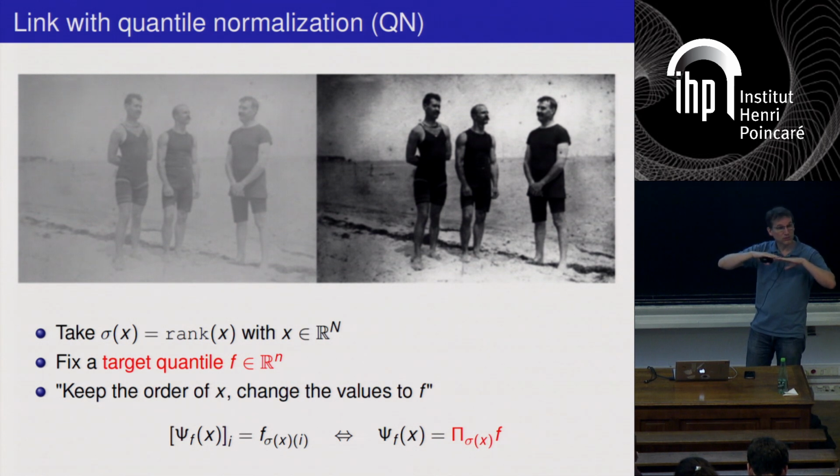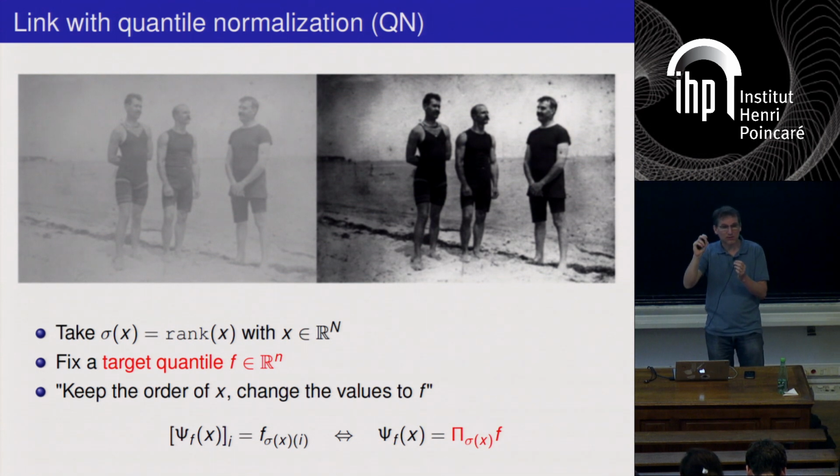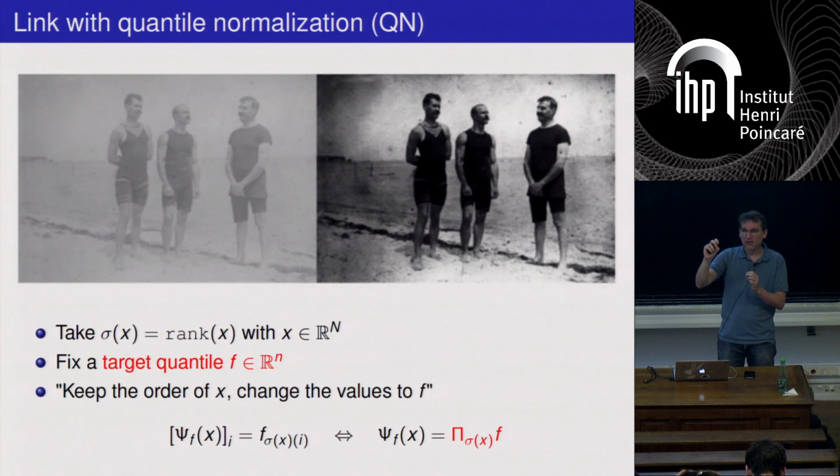For example, if you want the histogram to be uniform, we define a vector f that takes all values in a uniform way between 0 and 1. And if I call psi of x the right image, indexed by f because f is the target histogram of intensities, then the definition is that in this vector, the ith coordinate is the value of our target vector indexed by the rank: to a given pixel, you give the value depending on its rank.